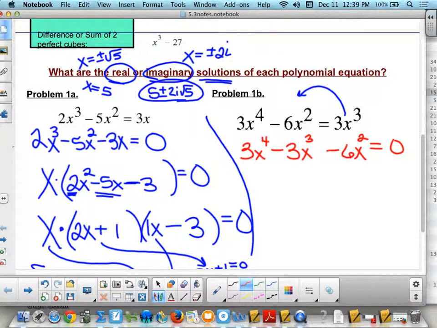When the 3x cubed came over, it became negative. And now look how I put it. I put it in order. 4, 3, 2. In order. From highest exponent down to lowest.